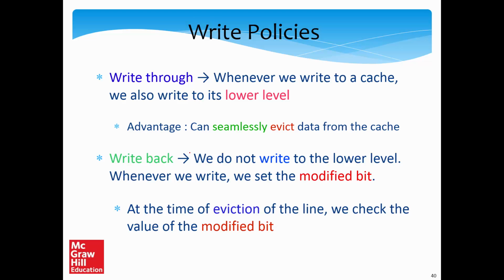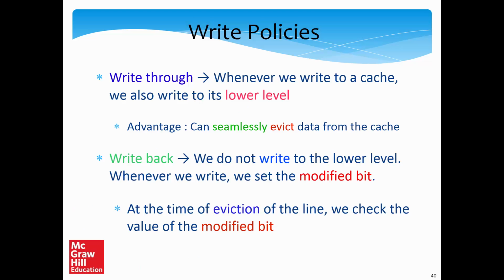Whenever we write to a cache, because we have an inclusive cache hierarchy, any block which is present in the L1 cache will also be present, the same block, the same address, in the L2 cache. However, the block in the L1 cache can have newer data. So there are two ways of handling this: write through and write back.